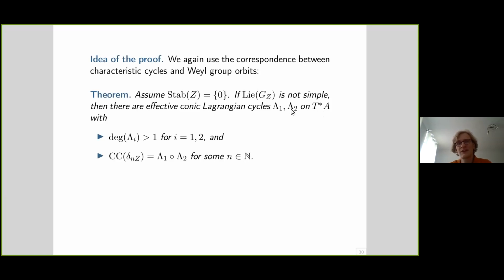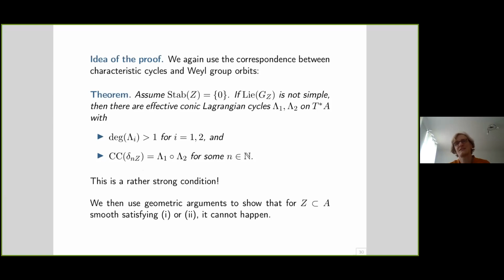And the characteristic cycle of this D-module delta Z decomposes as a convolution of 2 cycles, lambda 1 and lambda 2. Up to isogeny, so to deal again with these connected component problems, you have to replace Z by its image under multiplication by some natural number.